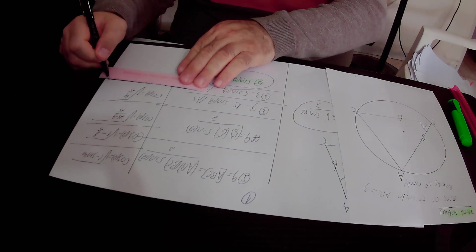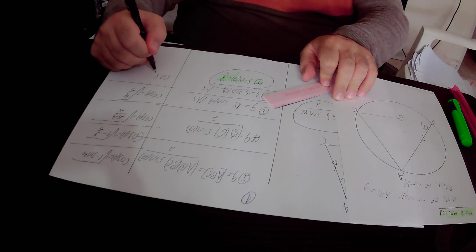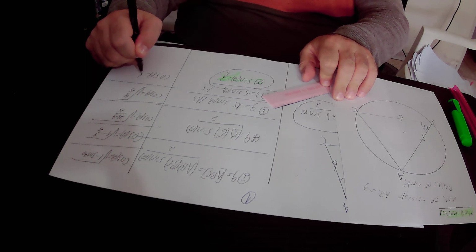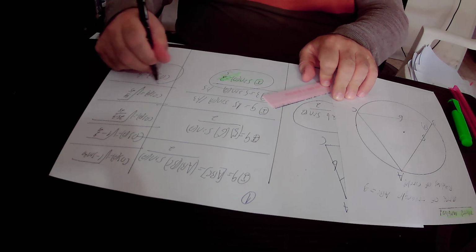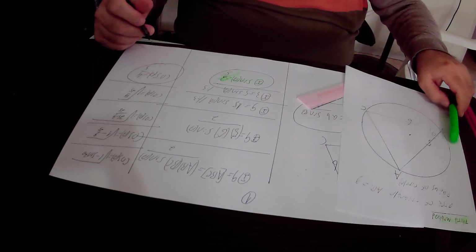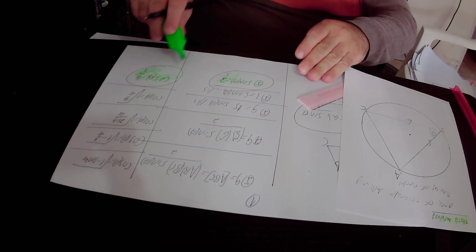So cosine theta equals the square root of 16, which is 4, over the square root of 25, which is 5. So in conclusion, we found out that cosine theta equals 4/5.